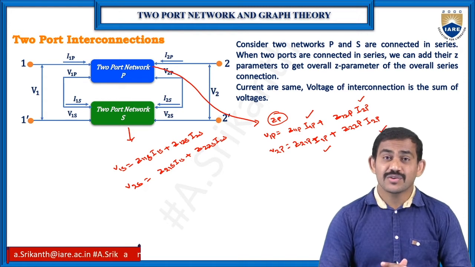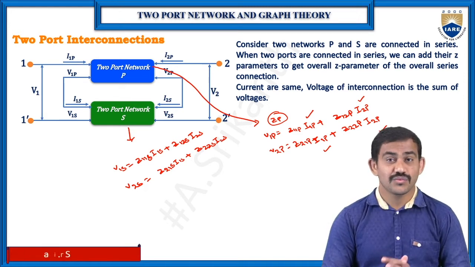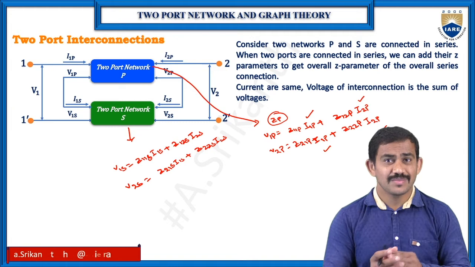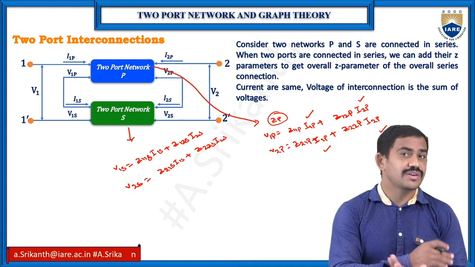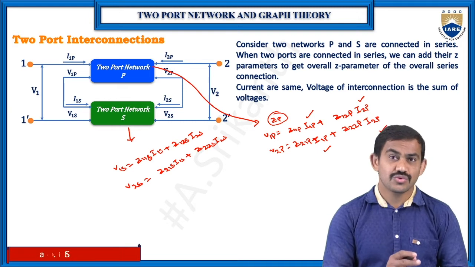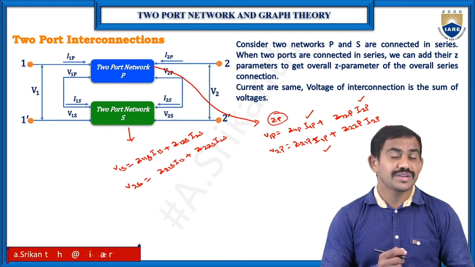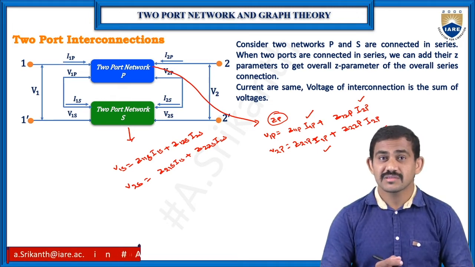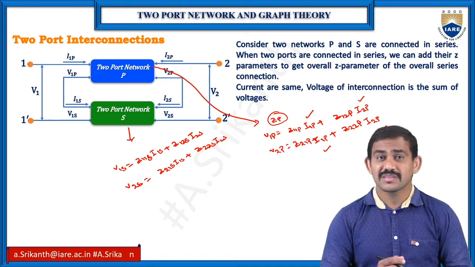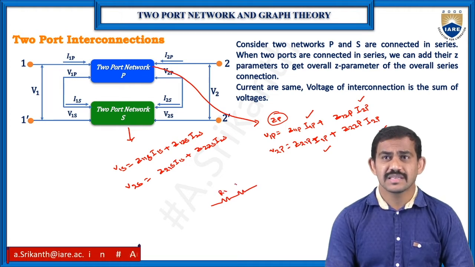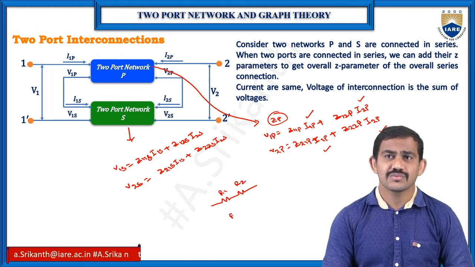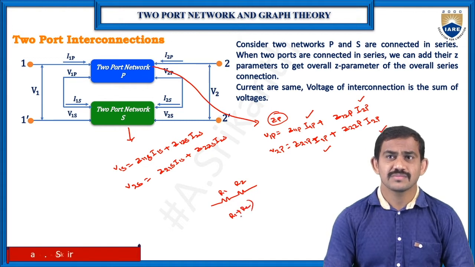Now I want to add both values. When both are in series, we need to go for the equivalent value, so for two-port networks connected in series I need the equivalent values. In general, when two resistors are in series, it is R1 plus R2.